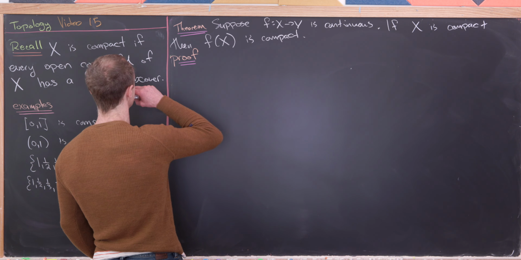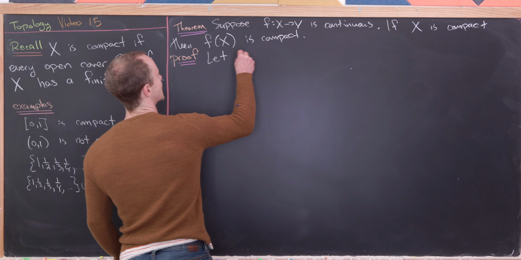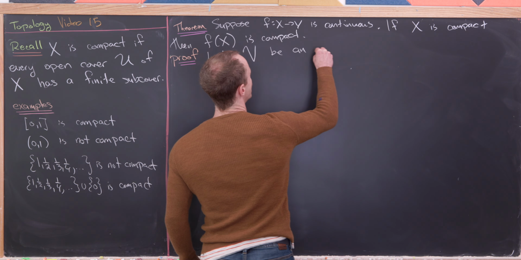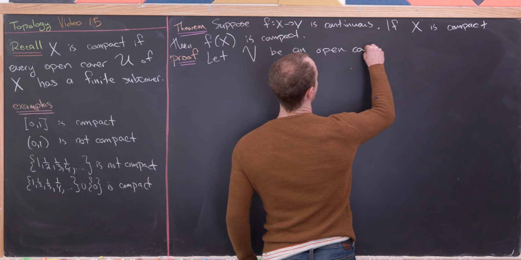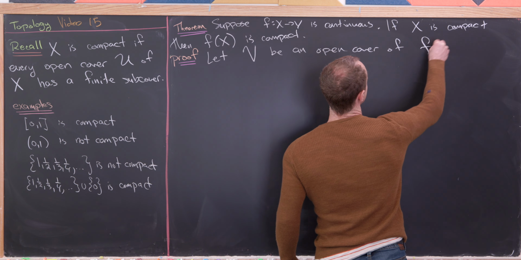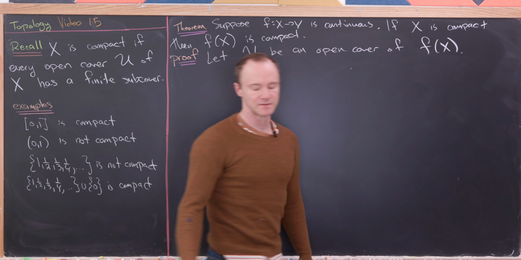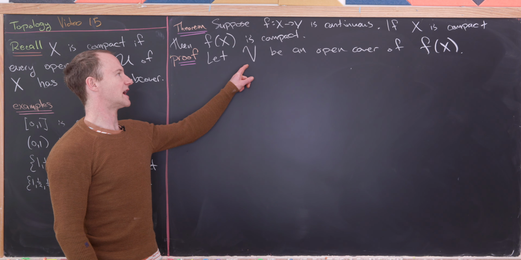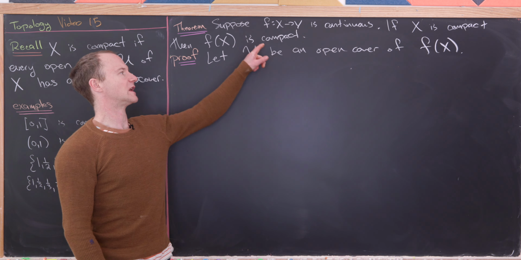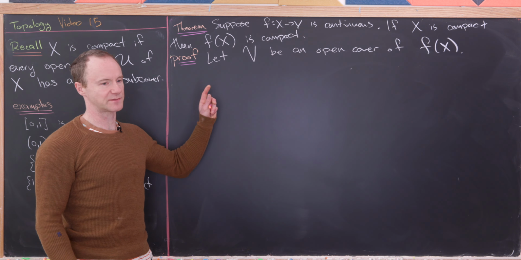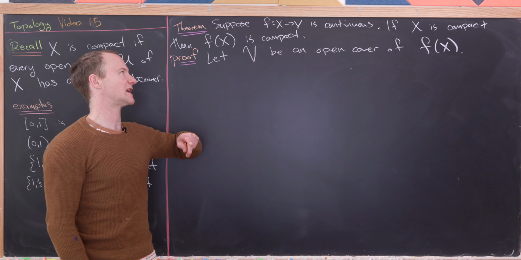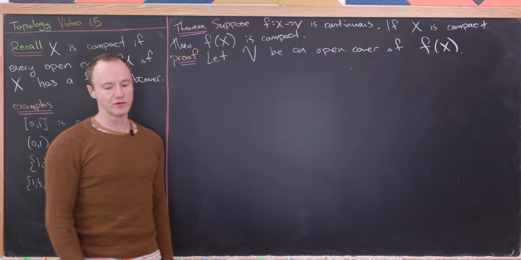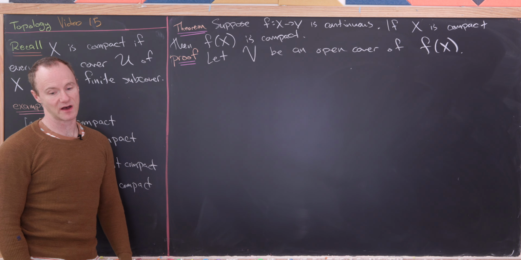Okay, so how can we do that? Well, let script V be an open cover of our image f(X). So that means there's a bunch of open sets inside of V. They're open in Y, or open in the subspace topology if you really want, but we can just take them to be open in Y. And then if we union them, their union will contain the set f(X).